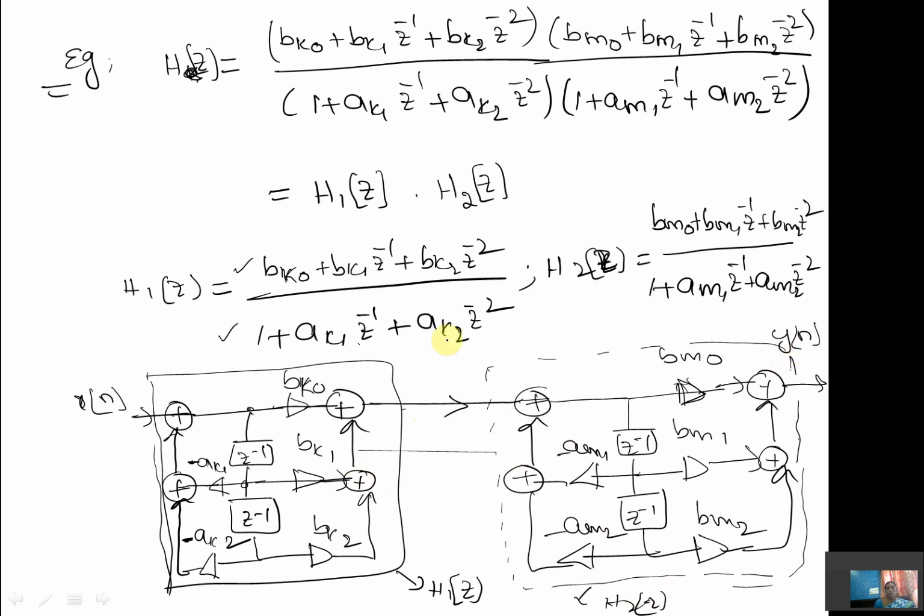Then the realization is completed in a cascading manner. So it is called the cascade form realization structure.